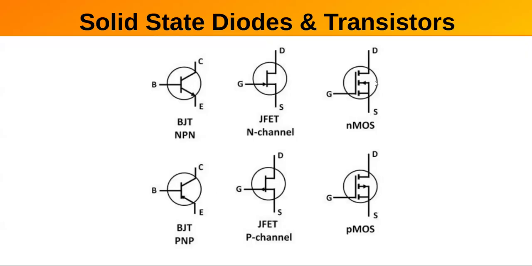If it's a PNP, the symbol's the same except we reverse the arrow because the current flows in the opposite direction. In the case of a field effect, we have junction field effects and we have metallic oxide semiconductor field effects. They're represented differently. The junction one looks very similar to the junction transistor, except they kind of square it off to show the channel.